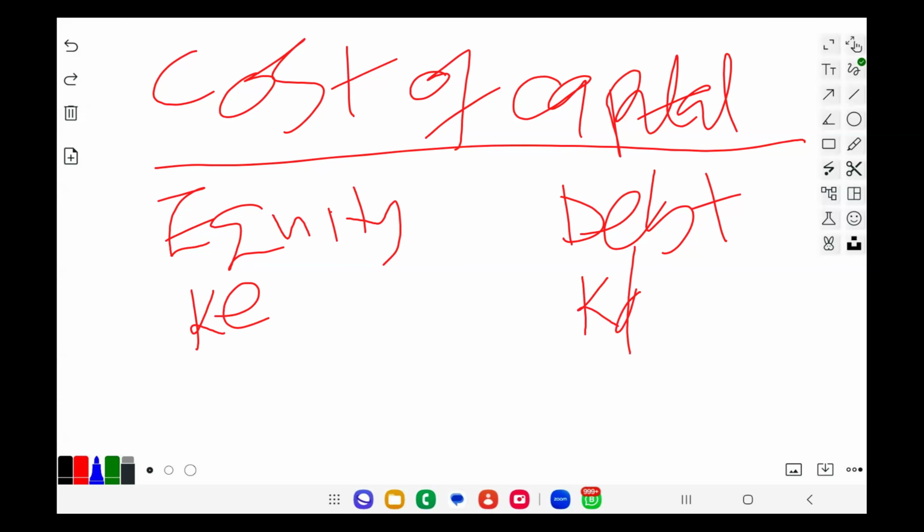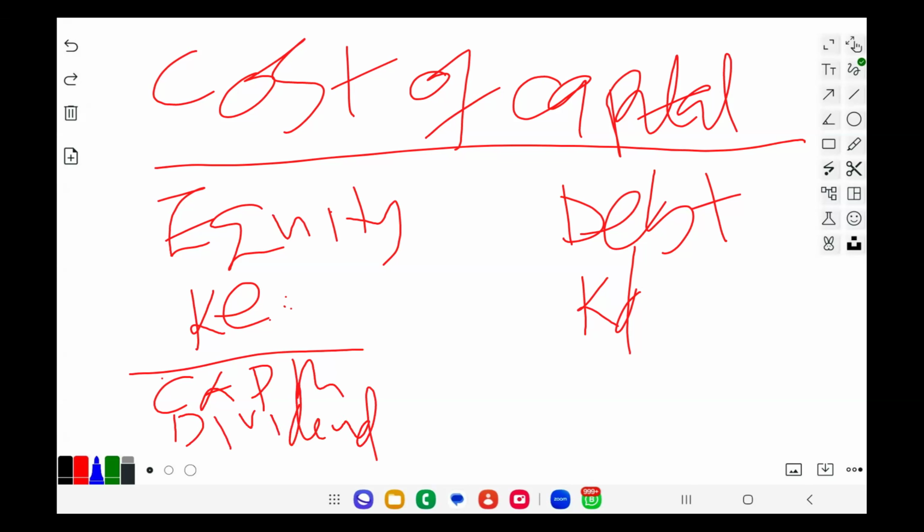So what we covered under this unit was learning how to come up with the cost of equity and cost of debt. How do you calculate the cost of equity using different models? Using the capital asset pricing model, CAPM, and using the dividend growth model.